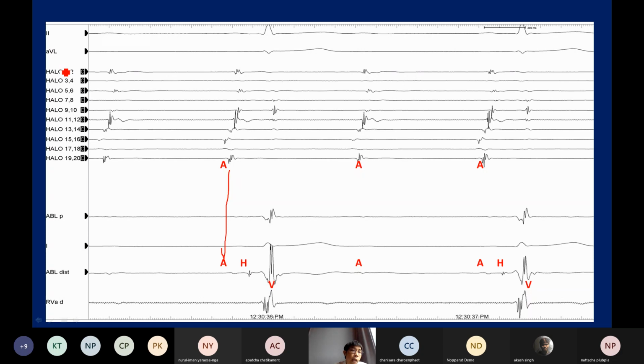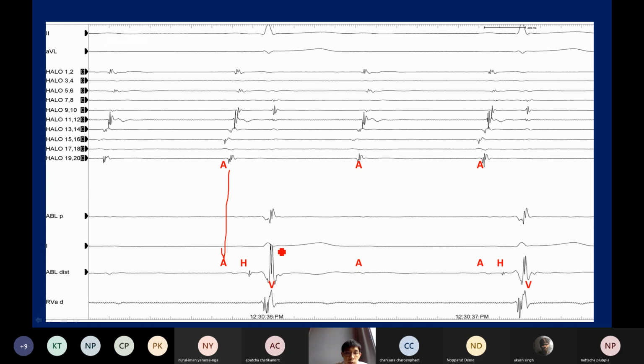It's the atrium catheter with many leads, so the signal from the halo is the atrium signal. And this one is the ablation catheter, but in this patient we put the ablation catheter into the His area. So we see that this is the His bundle signal and this is the ventricular signal.